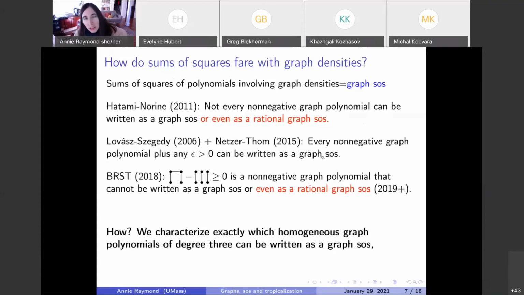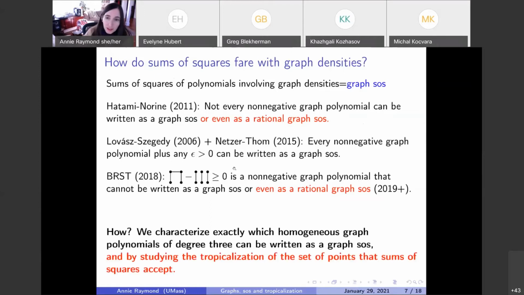Say that again, Kelly. You mentioned this result by Lovász-Szegedy and Netzer-Thom, right? So it looks a little bit like positivity, right? Yeah. So if you start with a graph polynomial that is positive in a certain sense, let's say that takes positive values, not just negative, but positive, then can you write it as a graph sum of squares?